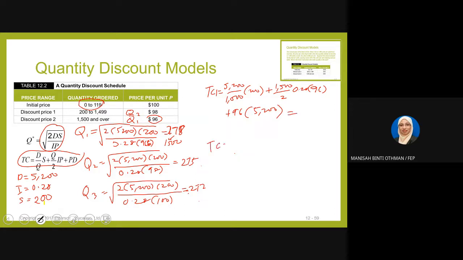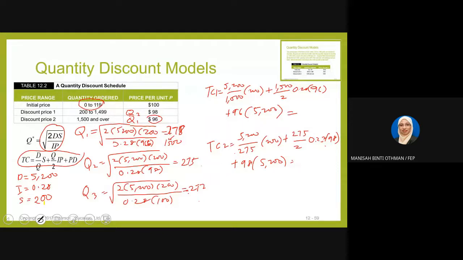TC, total cost: 5,200 divided by 275 times 200, plus 275 divided by 2 times 2.93, plus 98 times 5,200.